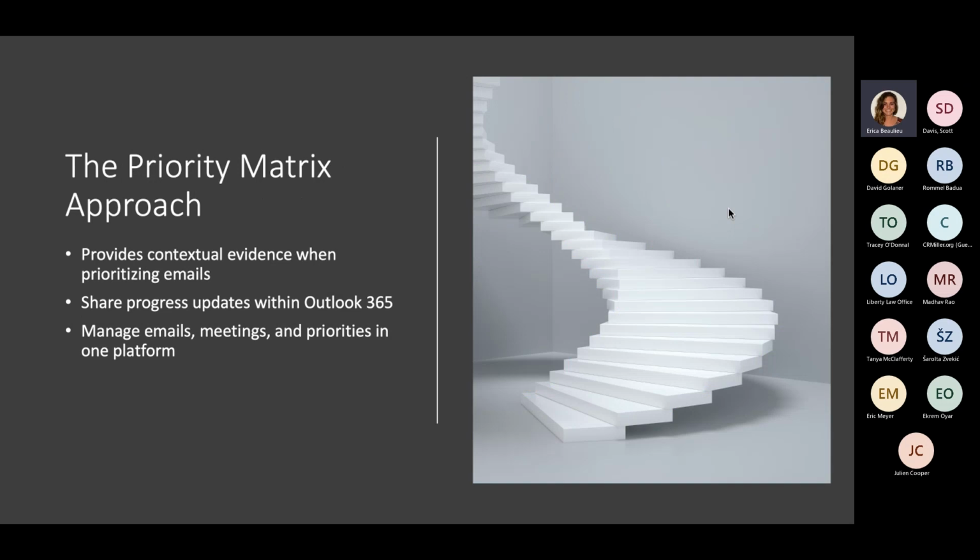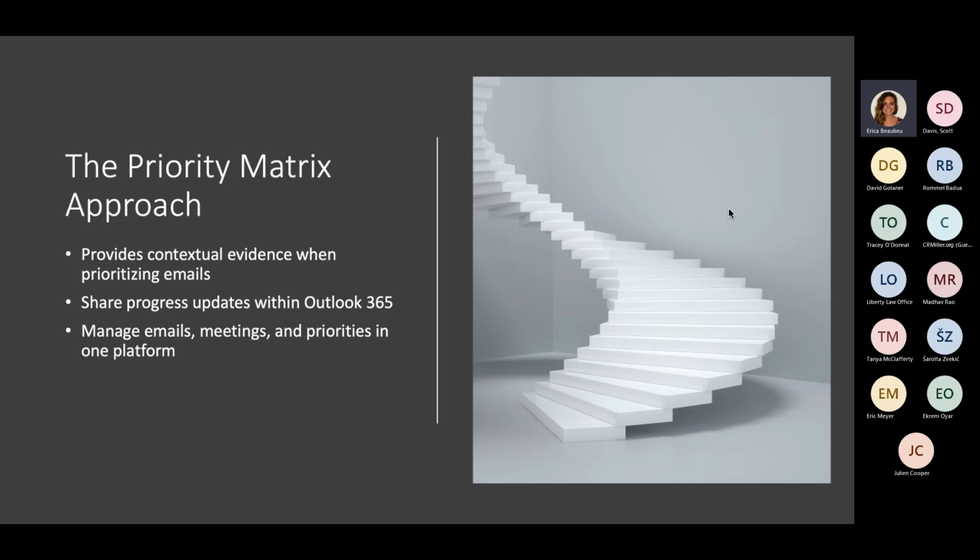So, what is the Priority Matrix approach? And why are we able to help so many people just like yourself with this email management idea? Priority Matrix provides contextual evidence when you're prioritizing emails. I understand that statement is broad, and I'm definitely going to unpack that when we take a look at the live presentation. Priority Matrix is going to allow you to share progress updates directly through Outlook.